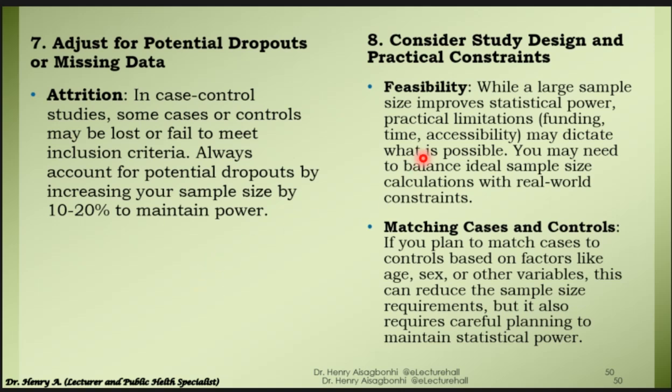And finally is considering study design and practical constraints. You want to check the feasibility. While a large sample size improves statistical power, practically you want to see the limitations. Why? Funding, time, accessibility, and these may dictate what is possible. You may need to balance ideal sample size calculation with real world constraints.